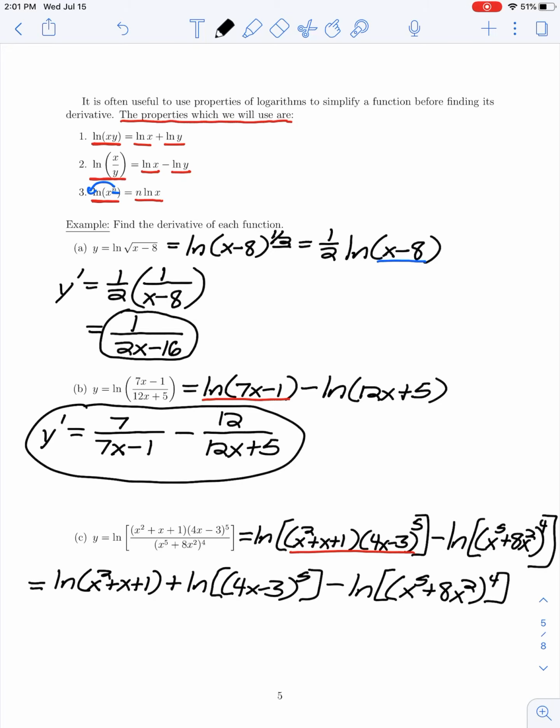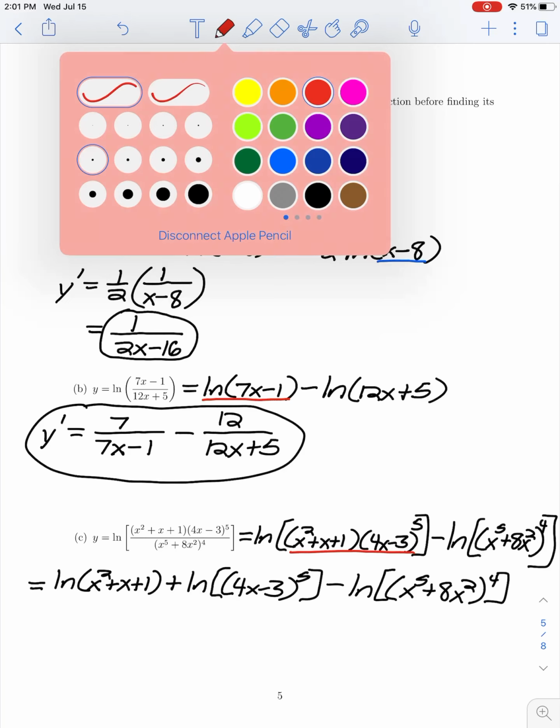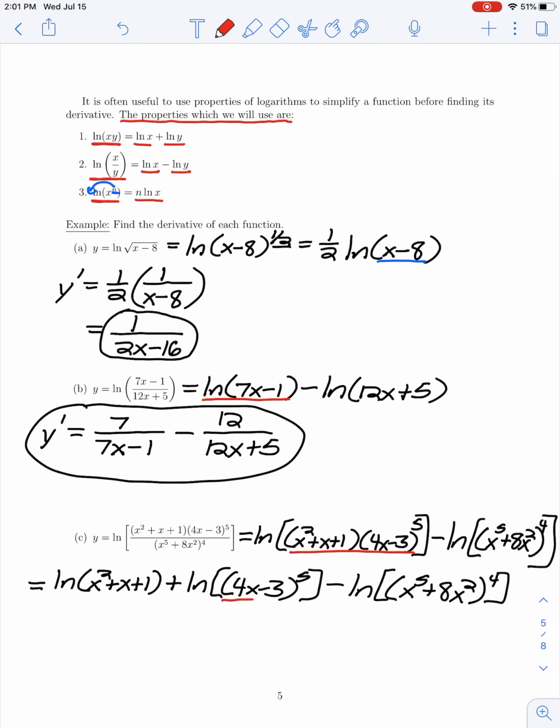So now, in my last two terms, I have the natural log of some polynomial which is being raised to a power.